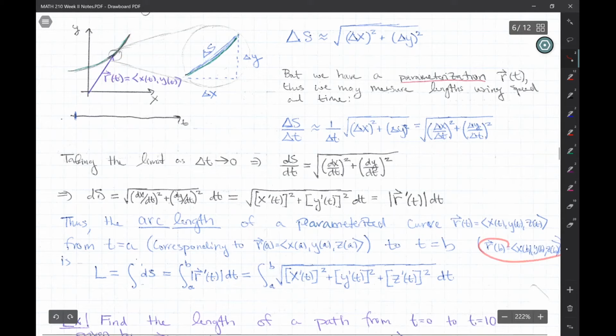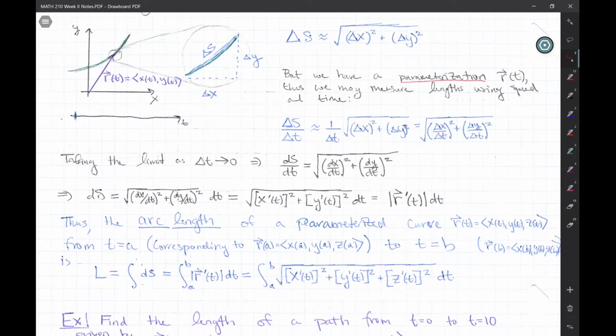The position at time t equals b and the position at time t equals a. And what's the distance traveled as you move from RA to RB along this curve? Well, it will be this integral here from a to b of the speed.